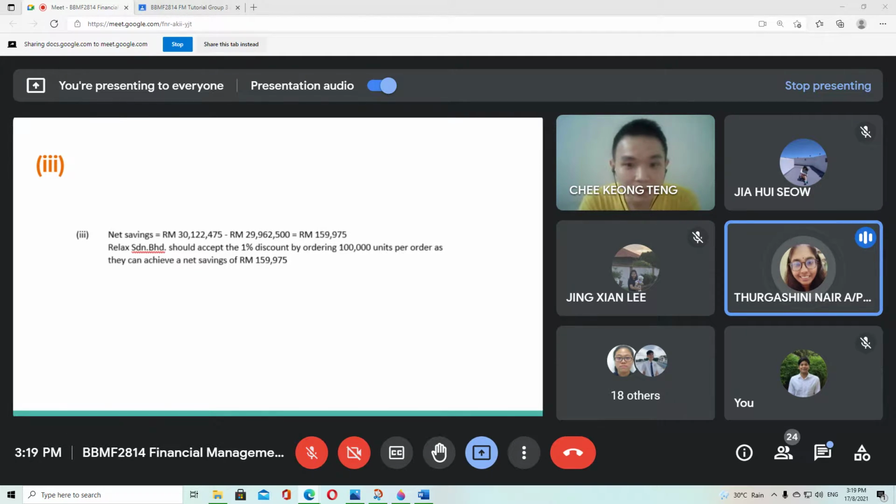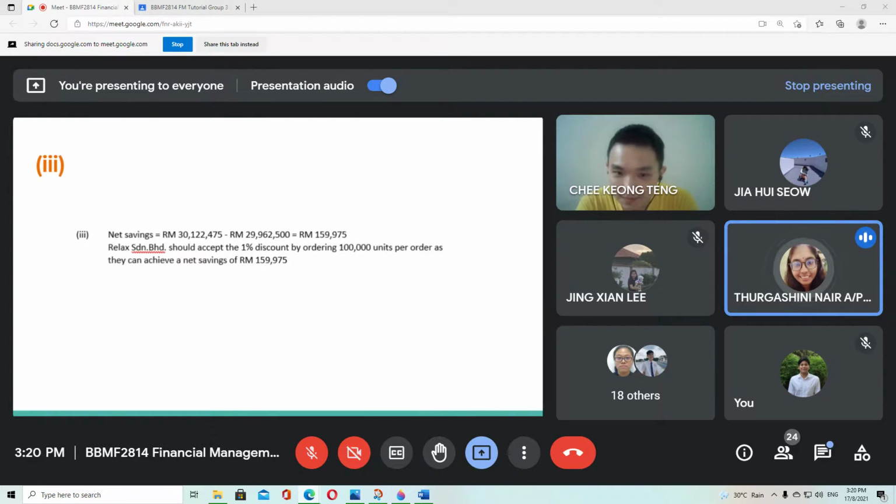The last part is according to your answer in part A Roman 1 and part A Roman 2 above, explain whether Relax Sendirian Berhad should accept the 1% discount. So from the part A Roman 1, we get the total inventory cost of 30,122,475 ringgit. In the part 2, after the bulk order discount, we get 29,962,500 ringgit.